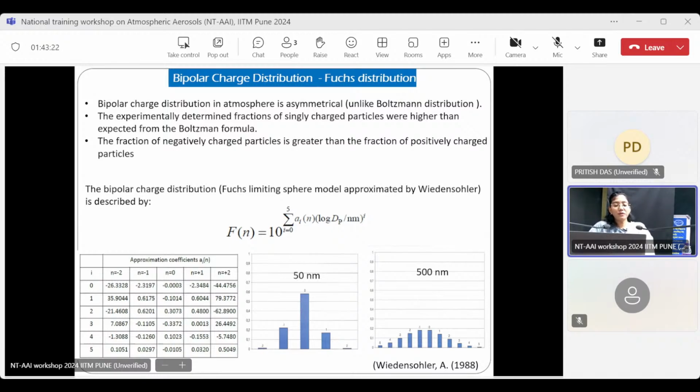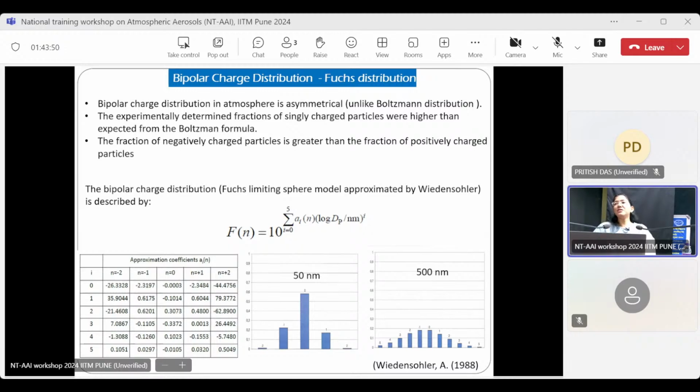What was observed is that the aerosol particles with a single charge fraction were higher compared to the Boltzmann distribution. Also, the negative fraction was higher compared to the positive one. So they are not symmetrical, they are asymmetrical, unlike the Boltzmann distribution.